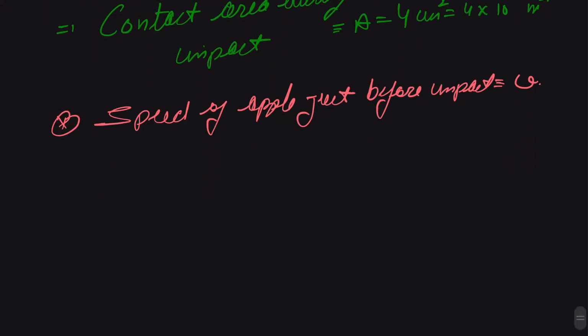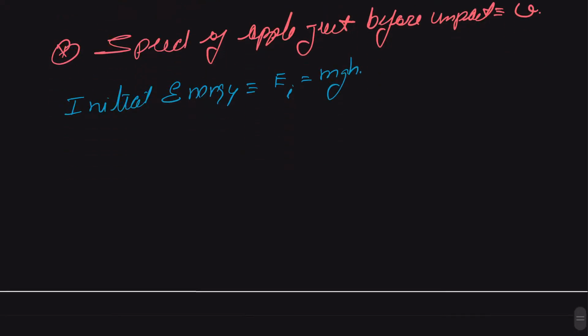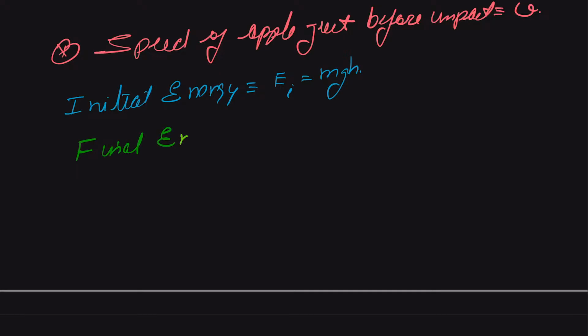So the initial energy will be entirely potential energy, which is mgh, and the final energy will be entirely kinetic energy, equal to half m v square.